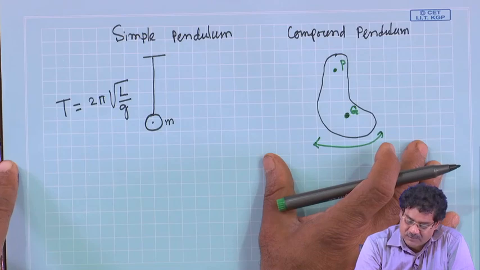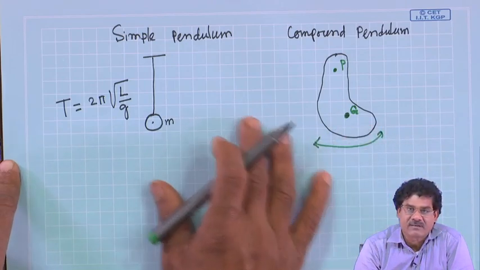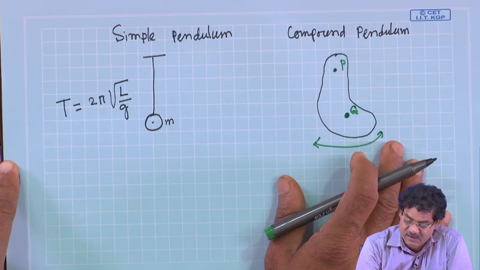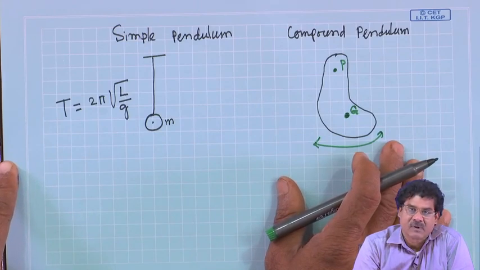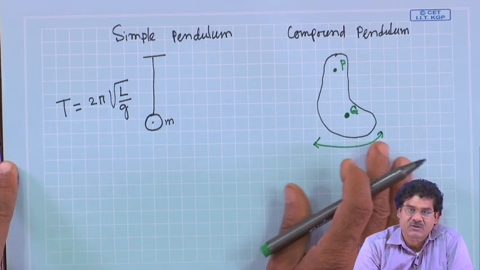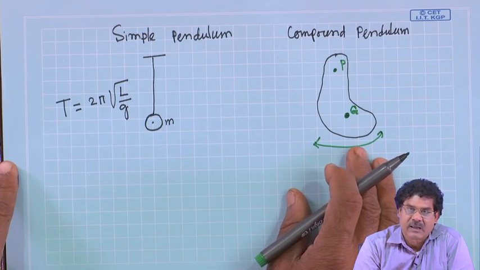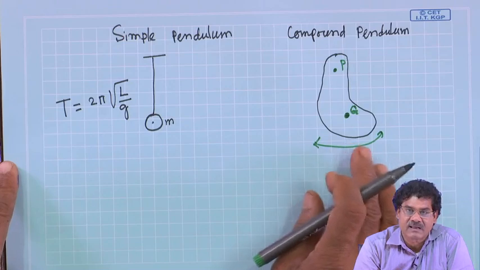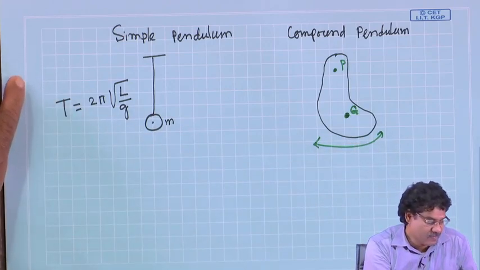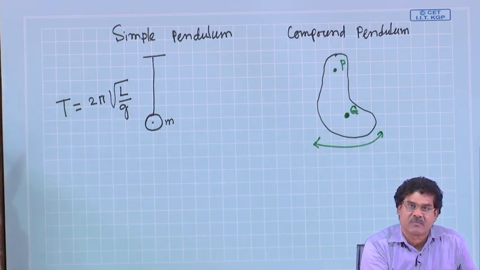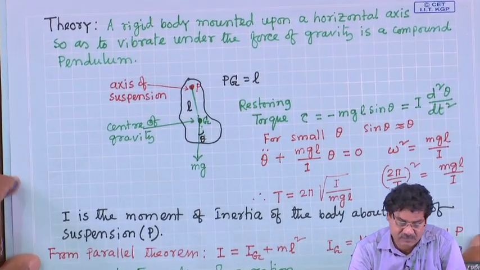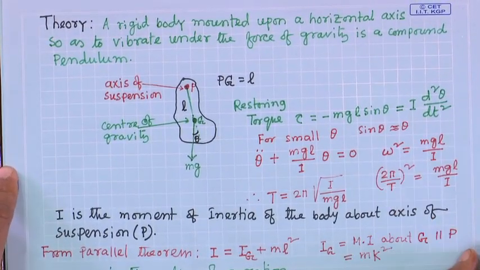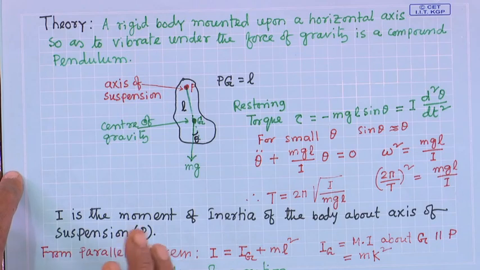So, when it oscillates, there will be a restoring force, and due to this restoring force, basically it will oscillate. So, this is the theory of the compound pendulum. What is a compound pendulum?